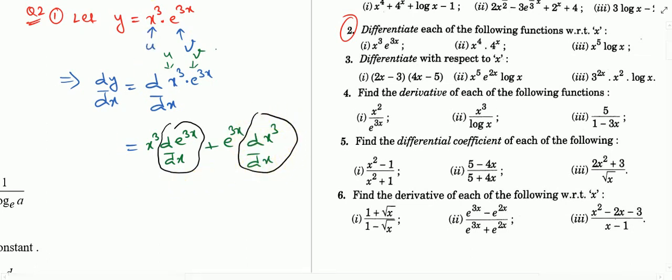Yes. So what we will get, e to the power 3x. See here we have formula like this, but here you can see 3 is also included. So what you have to do is, you think that this whole thing is like x only for you.